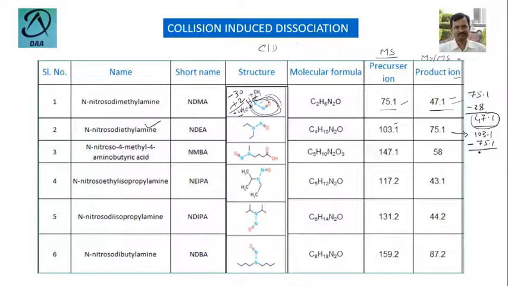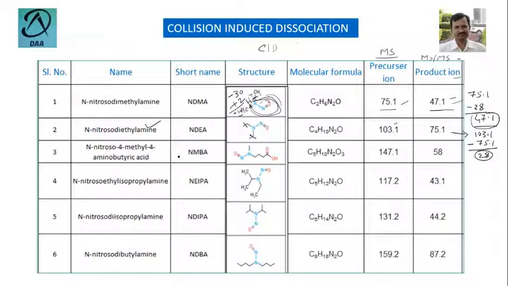If you see again, it will be 28. So 28 will be lost from this part. These two bonds will be broken. Then only this part will come.